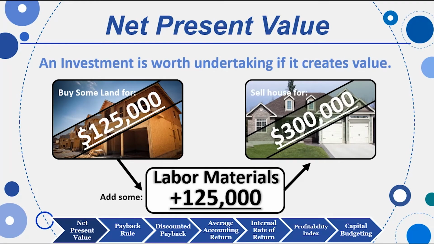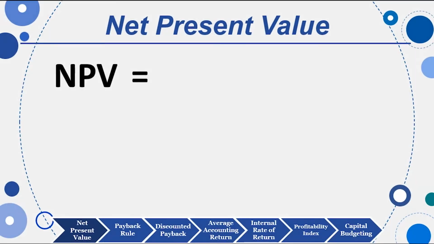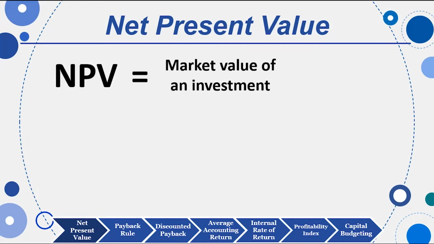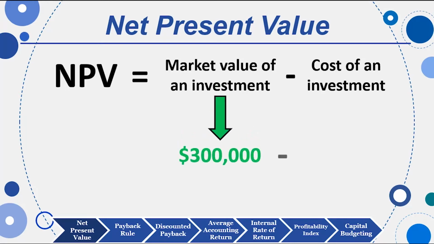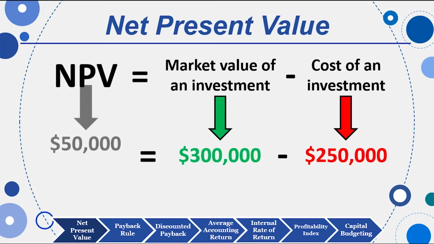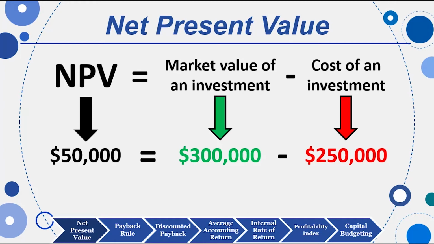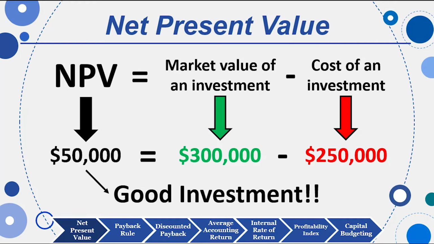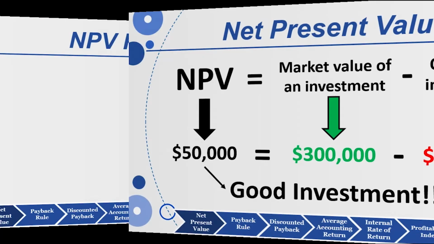So the question is, do we have a positive NPV project? From now on, from this day forward, we're going looking for positive NPV projects. The NPV in this case is the market value, or $300,000 minus the cost of the investment, or $250,000. So we have a positive NPV of $50,000, and that tells us to accept this project. Good investment.